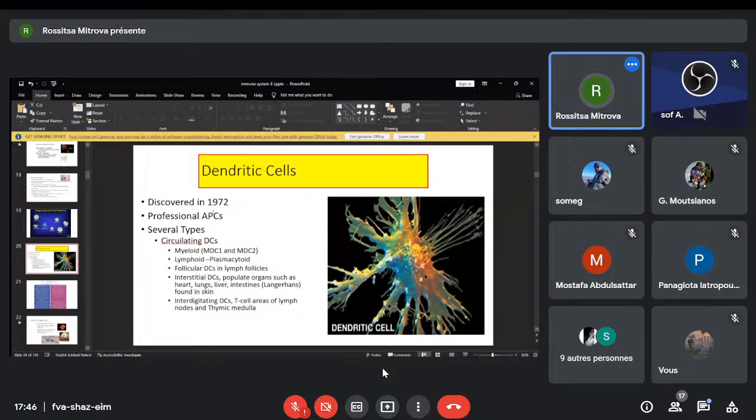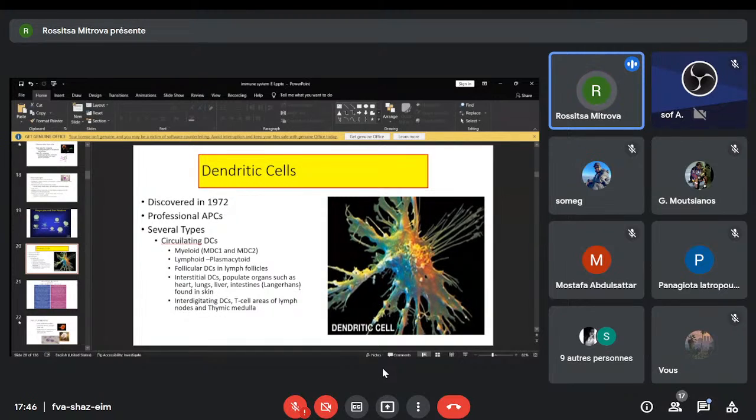There are several types of antigen presenting cells. You must not remember all the details, but usually they are circulating dendritic cells, and they can be myeloid, lymphoid, plasmacytoid, follicular dendritic cells in lymph follicles, or interstitial. They populate organs such as heart, lung, liver, intestines.